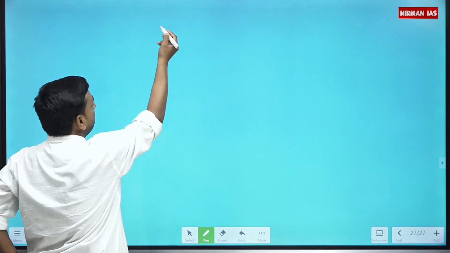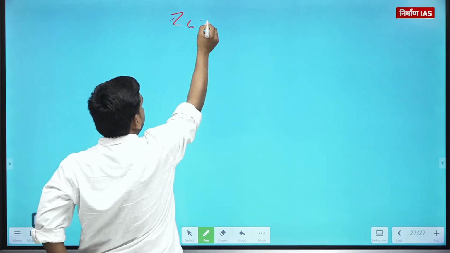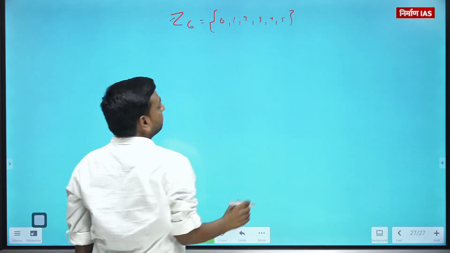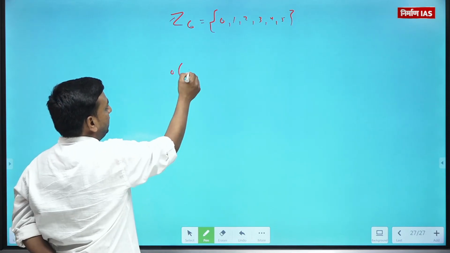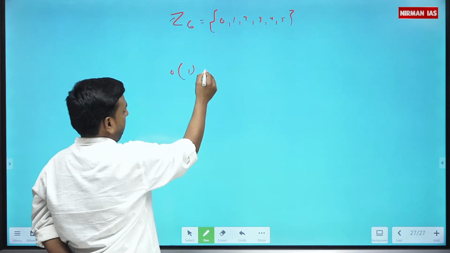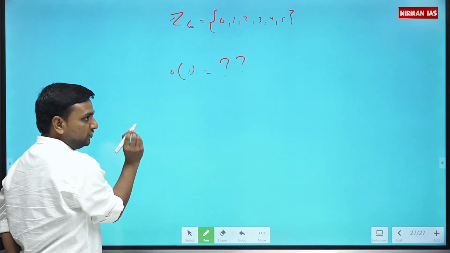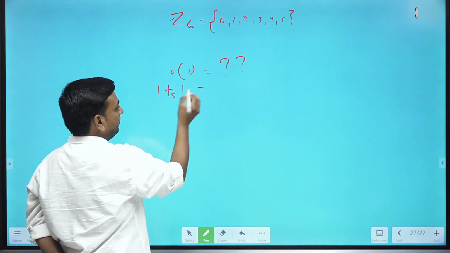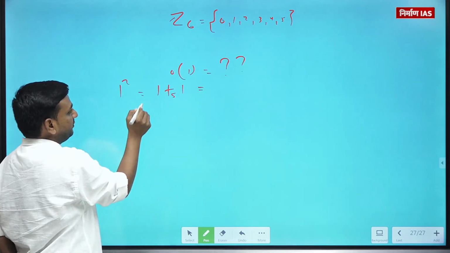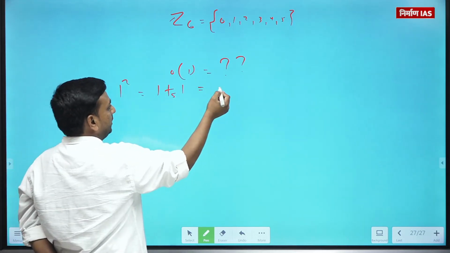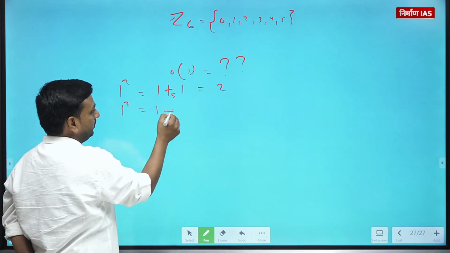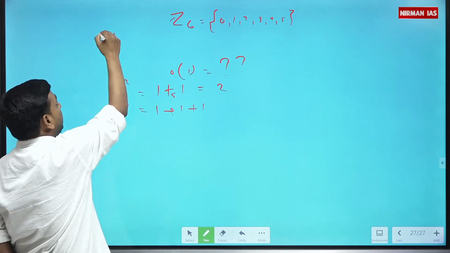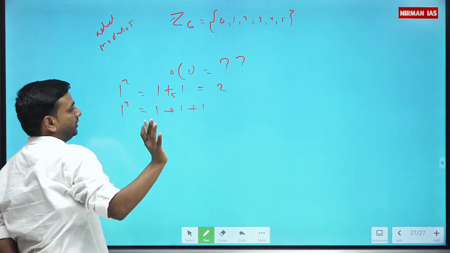So let's apply this definition. Let's say I take this set Z6. What are the elements there? I want to check what is the order of 1. To check the order of 1, we have to do the composition of 1. I did it once. This is what I represented as 1 square, meaning 1 composition 1, which is 2. Then 1 cube, which is 3. This is addition modulo 6, you understood.